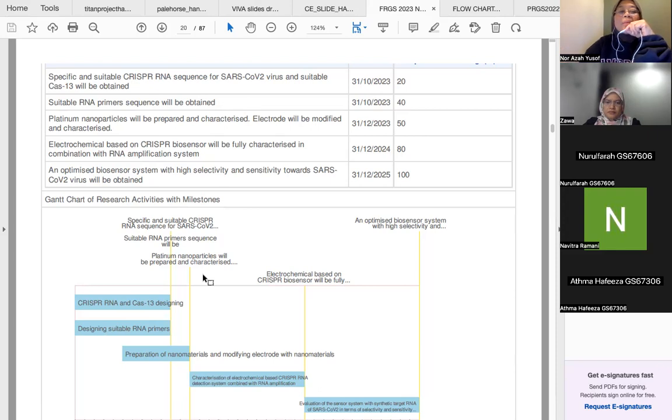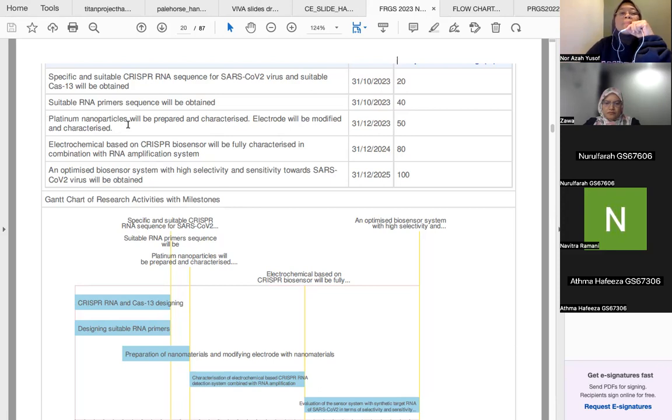You can see that the CRISPR design and the RNA design are going on concurrently. So you can do both. This is more practical than achieving something and only after that doing something else. It's not really practical. You can do both at one time. Now you can see the third objective.